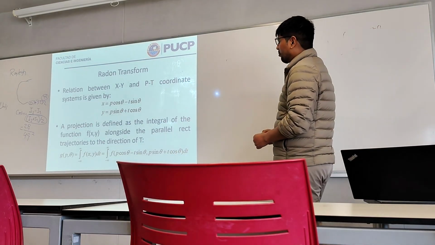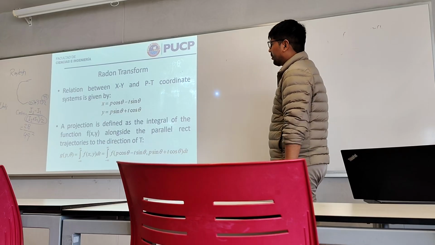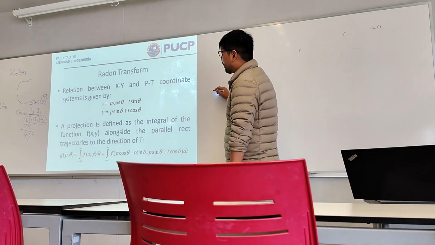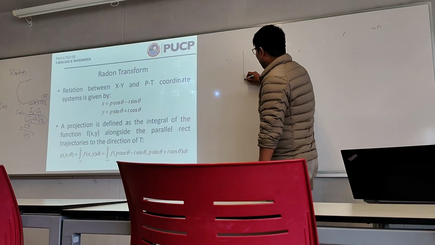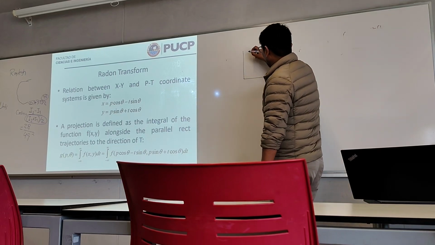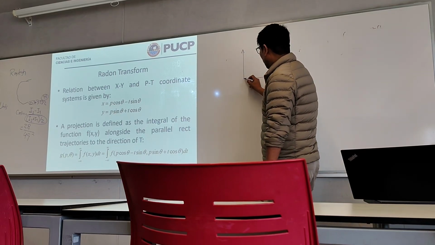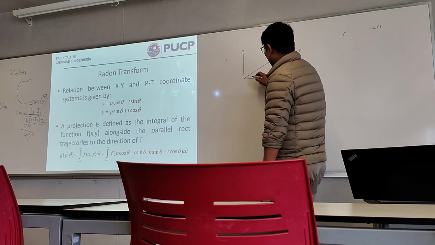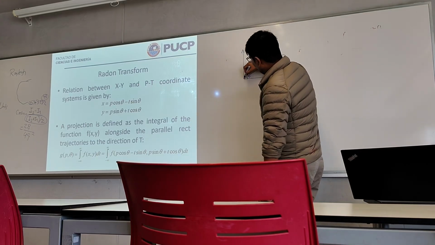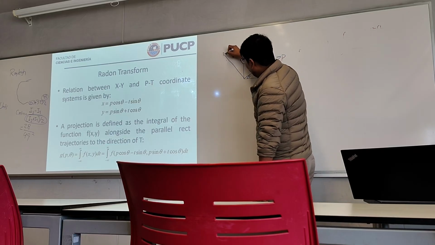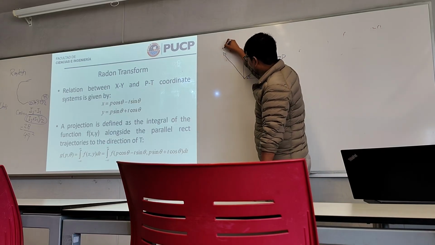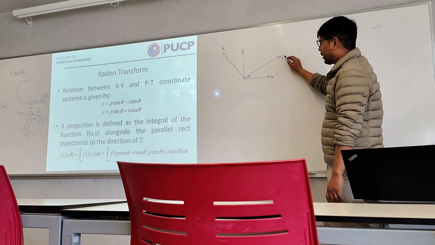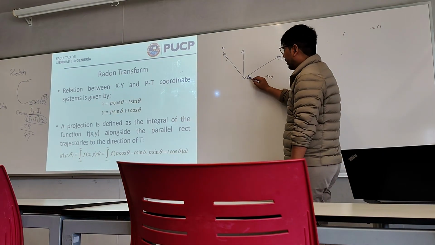Okay, so the relation between the x, y, and p, t coordinate systems is given by... and what is t here? Remember, x-axis, y-axis. This could be p with an angle theta, and this is the axis t, perpendicular to p, for this angle theta.